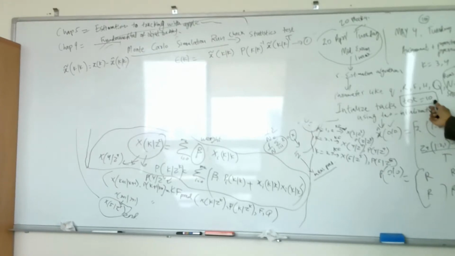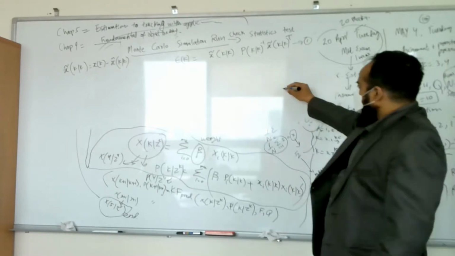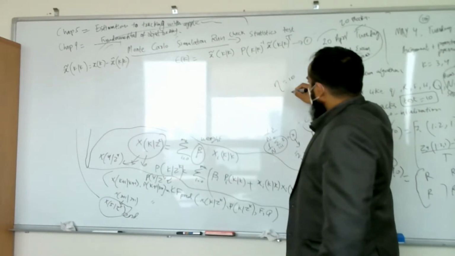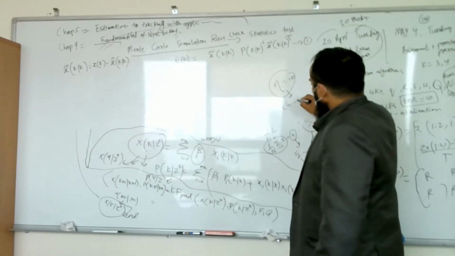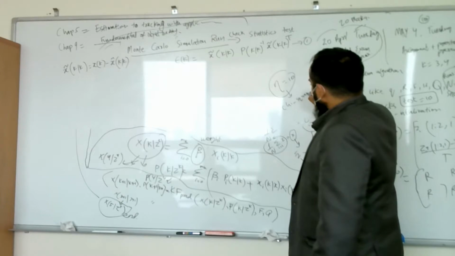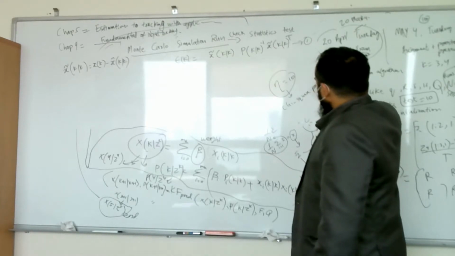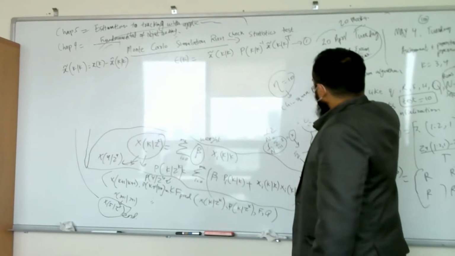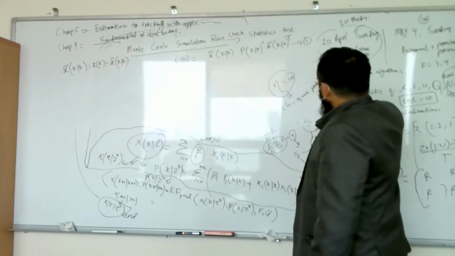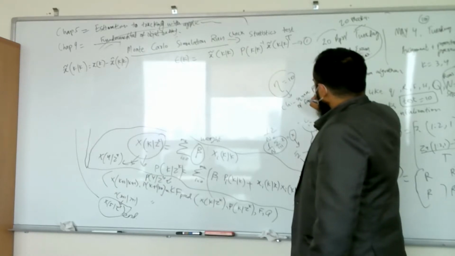You can set this value to anything. Suppose this value is eta equals 10. This depends on the chi-square distribution probability, the probability of false alarm.